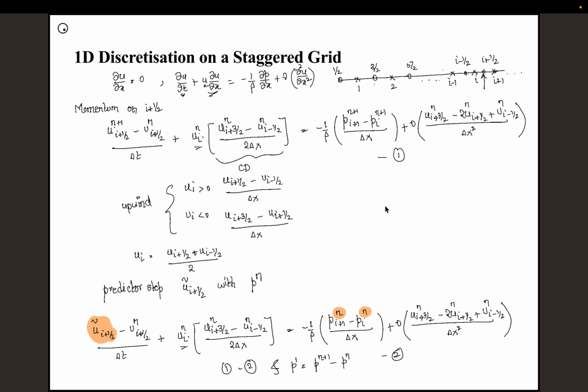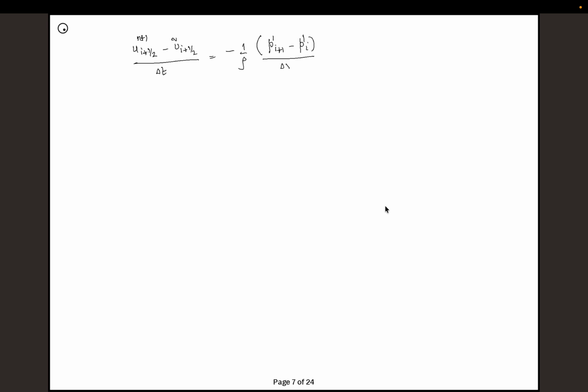And from this we can write a new equation which says un plus 1 ... So the advection and diffusion terms will cancel each other.